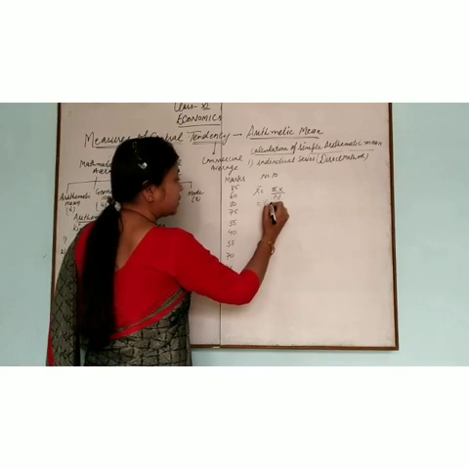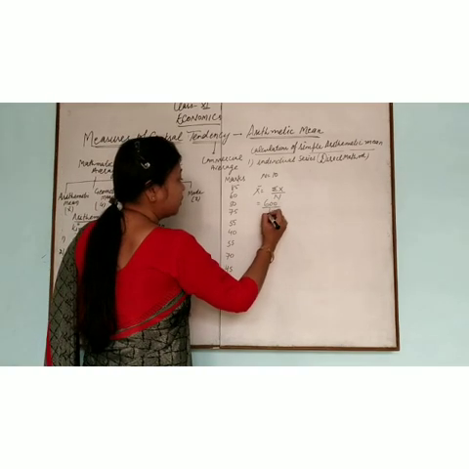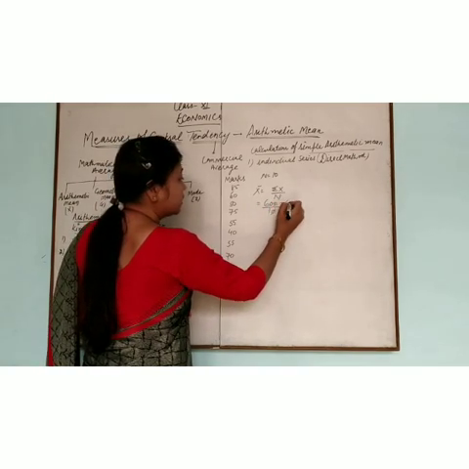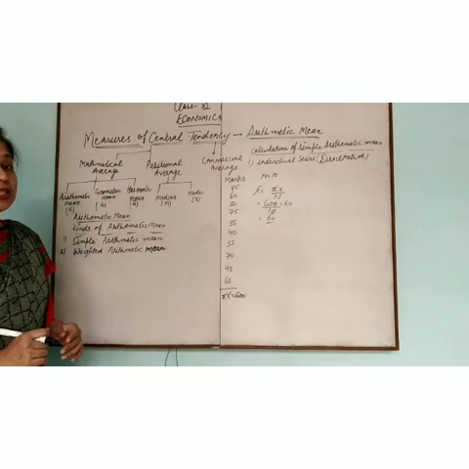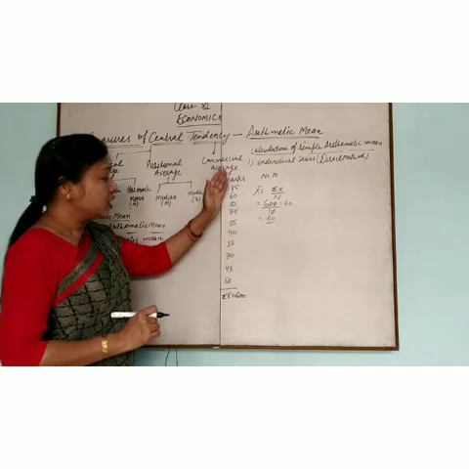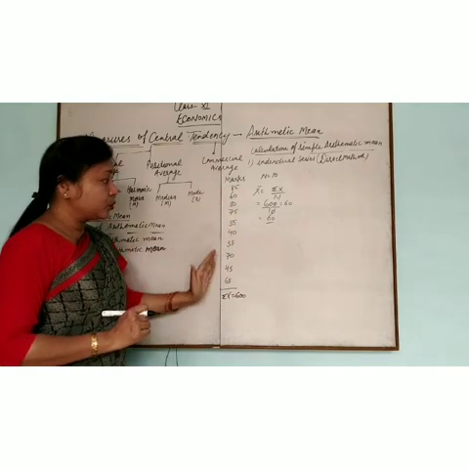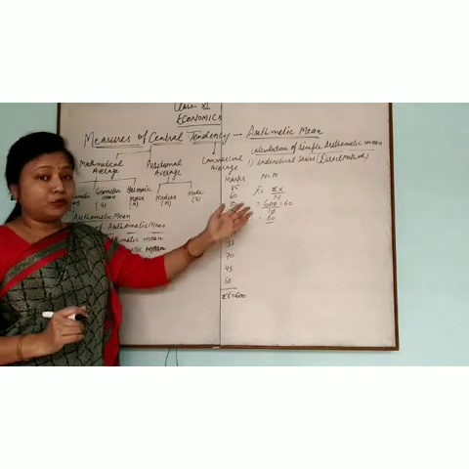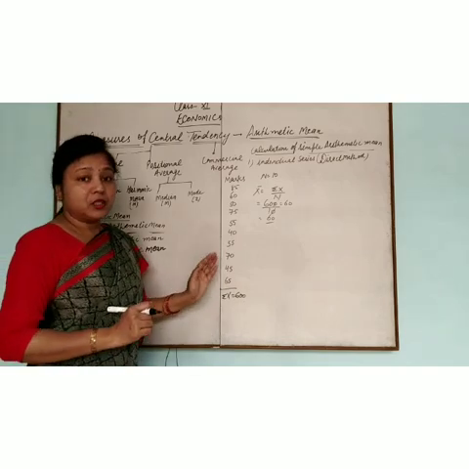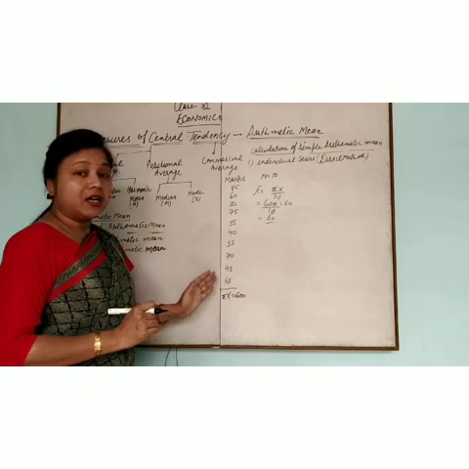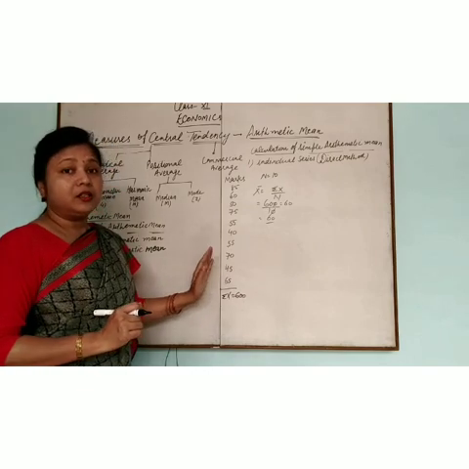Summation of x is 600 and n is equal to 10. It means x bar is equal to 60. Arithmetic mean is 60. This 60 represents all of the students. Some students are below this value and some students are above this value. This is our arithmetic mean using the direct method.